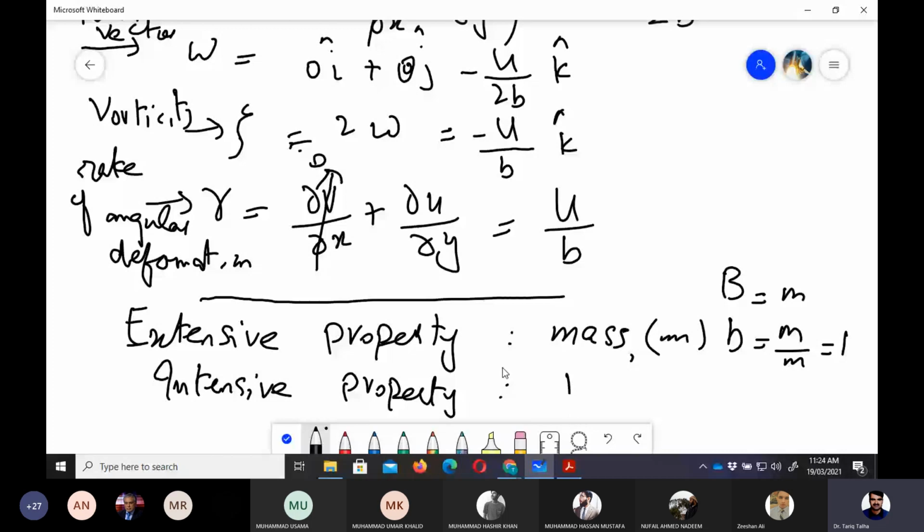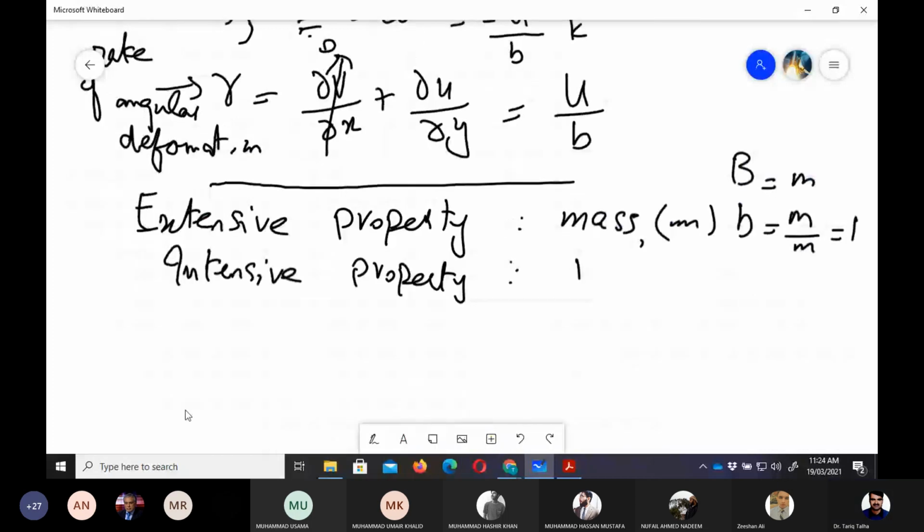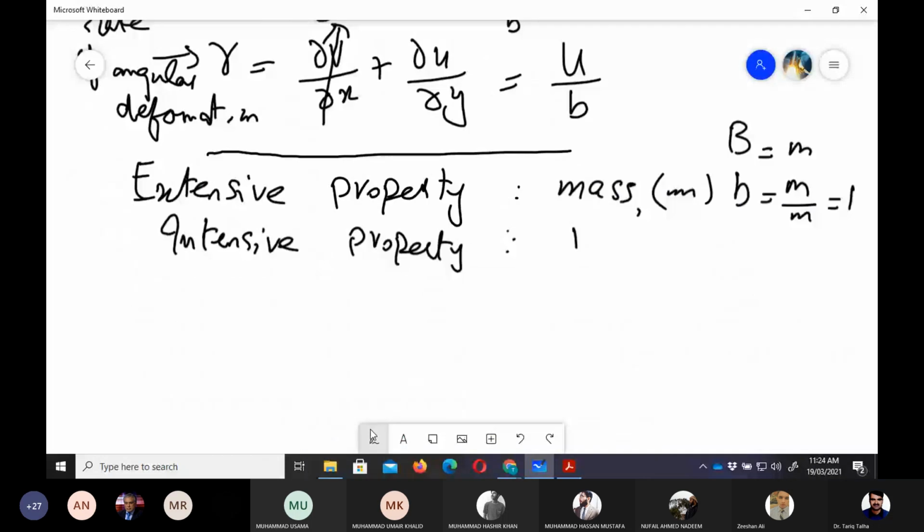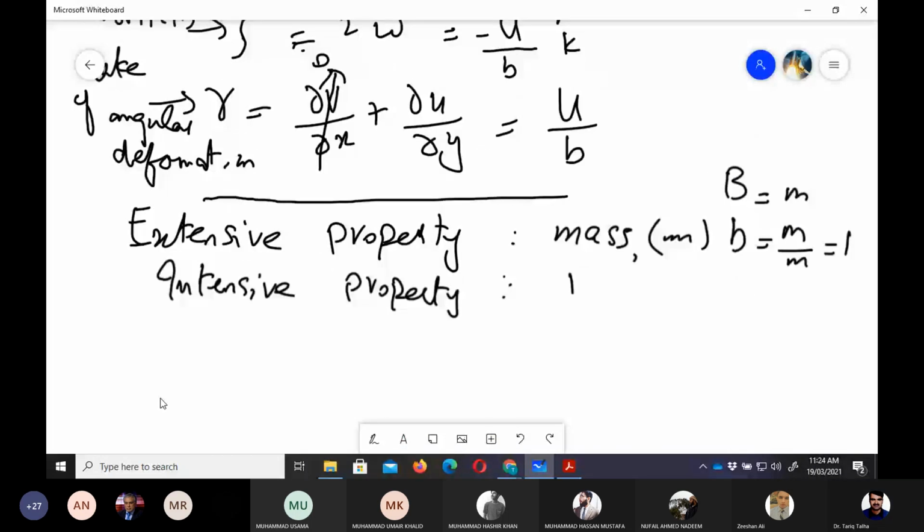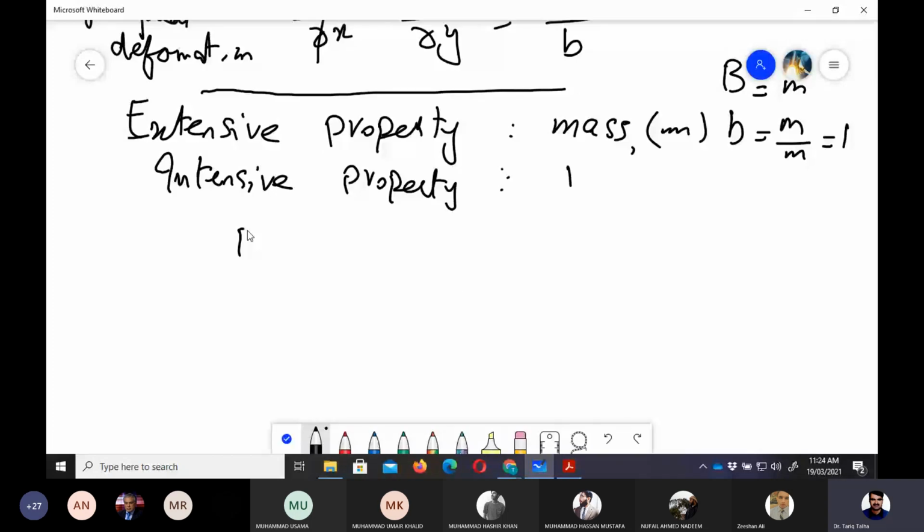We have just mentioned that from the conservation of mass principle, dm system by dt is equal to 0.